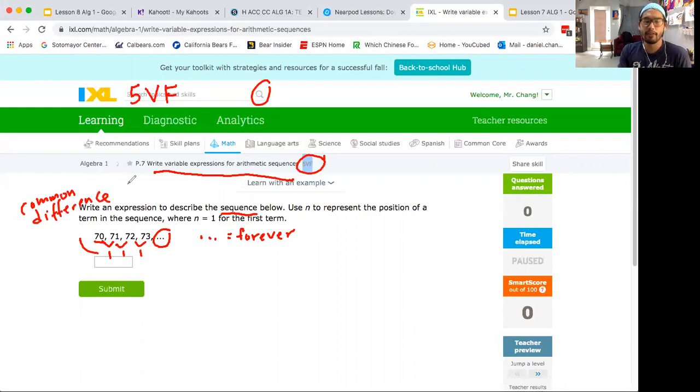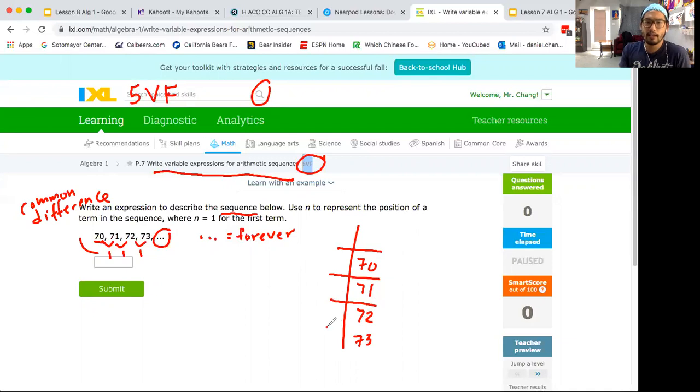And then the other thing that I want to notice about this is they're saying use n to represent the position of the term in the sequence, where n equals 1 for the first term. And what they mean by this is if I were going to make a table, and again, this is all in order, I've got 70, 71, 72, and 73.